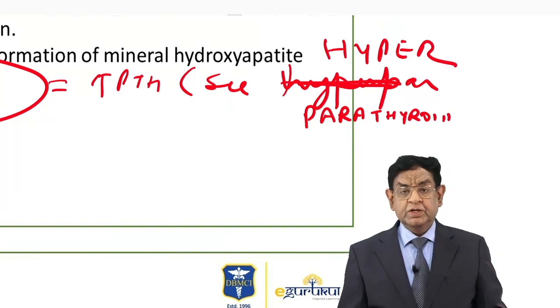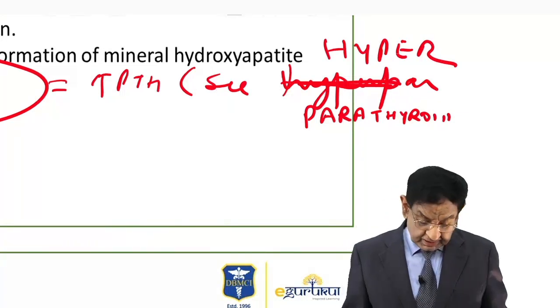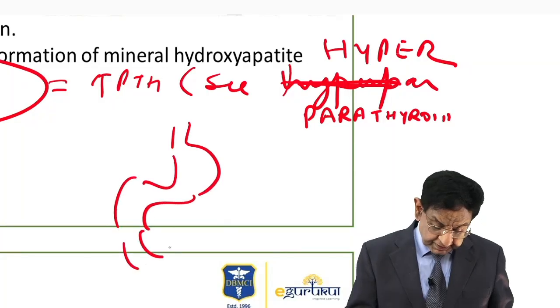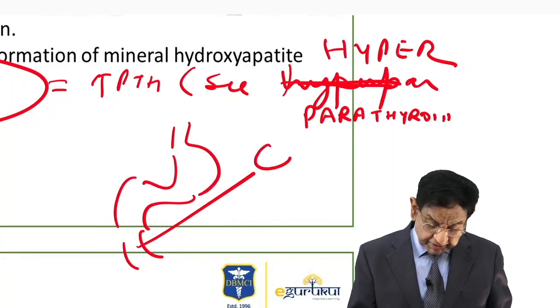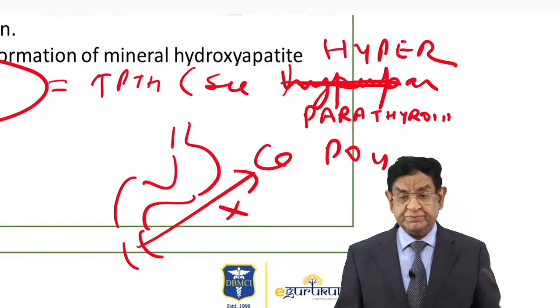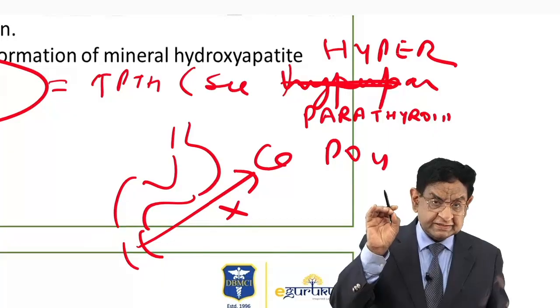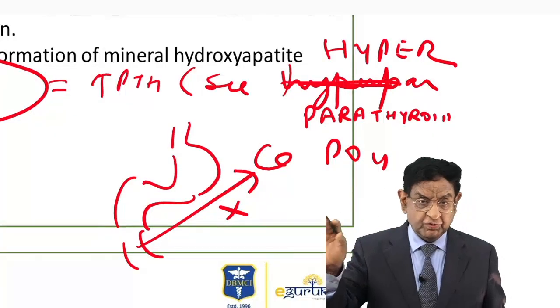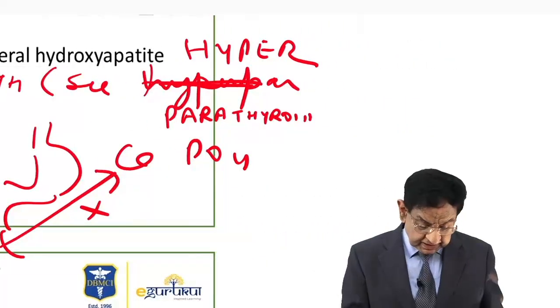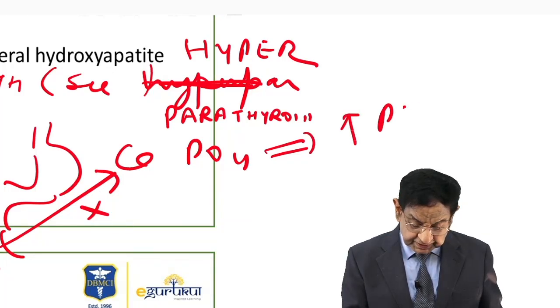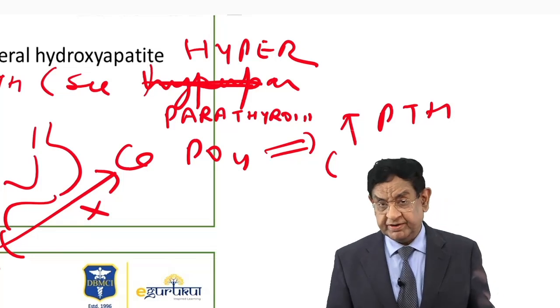Okay, so in the GIT, less calcium and phosphate are getting absorbed, understood. So in that case, blood calcium and phosphate both will go down, and this will lead to what? Increased PTH secretion. This is known, as I told you, as secondary hyperparathyroidism.